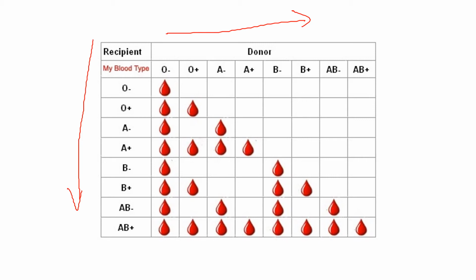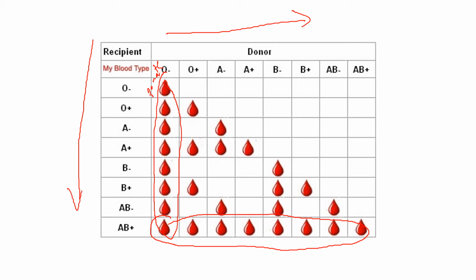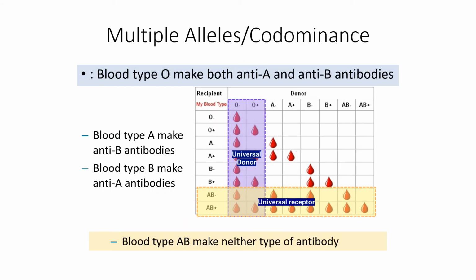You can see that O can donate to everybody, while AB can receive blood from everybody. This was an example of multiple alleles with codominance. Remember the blood type, and here you can see the universal donor and the universal recipient.